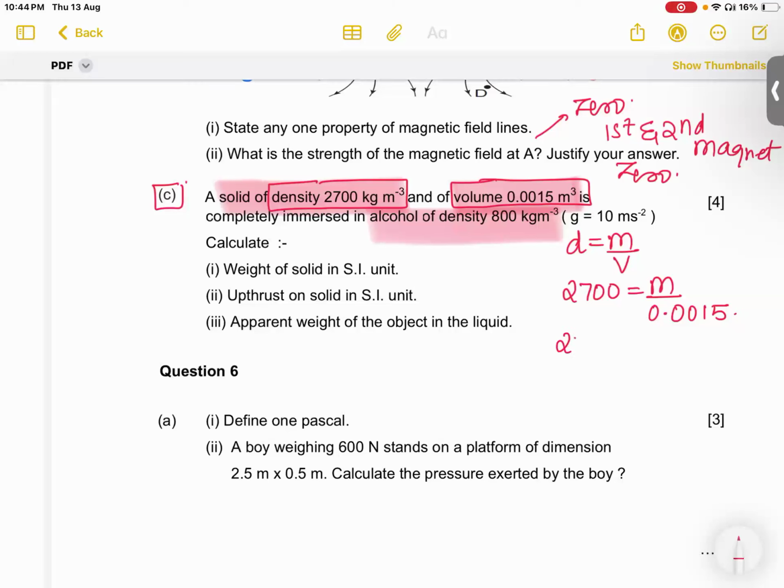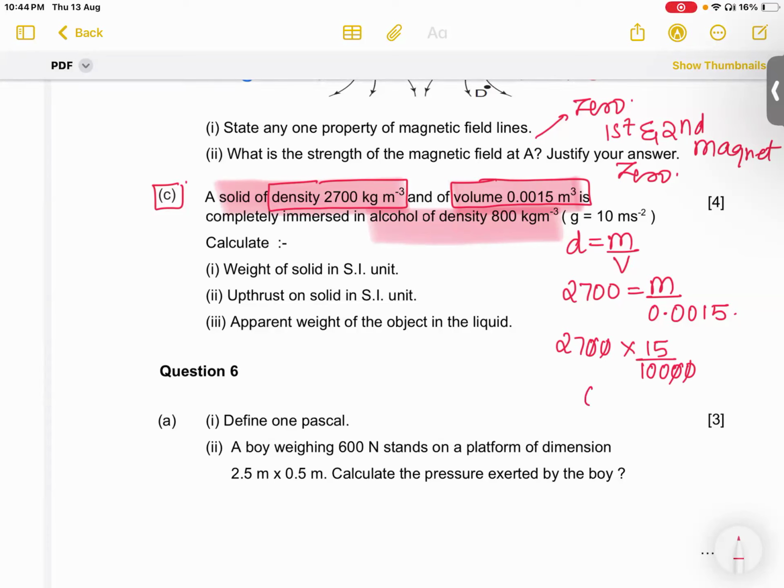So this will be 2700 into 15 upon 1, 2, 3, 4 zeros. These two zeros get cancelled. Then I'm left with 27 and 15. I need to multiply 27 by 15, which would give me 405.